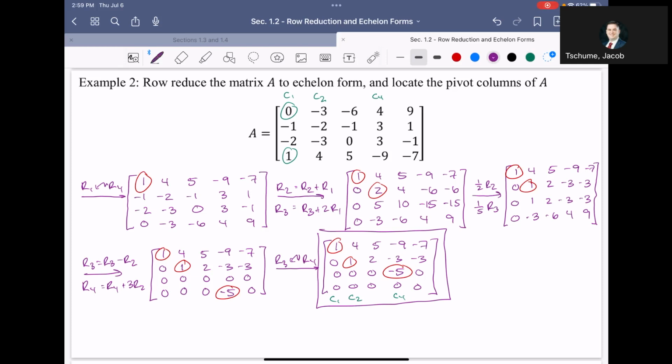If you're wanting to get a little bit more specific, and we'll talk more about this in the next video, that first column, the 0, -1, -2, 1. The second column, -3, -2, -3, 4. And the last column, 4, 3, 3, -9, those are your pivot columns because each column by itself will represent a pivot column.